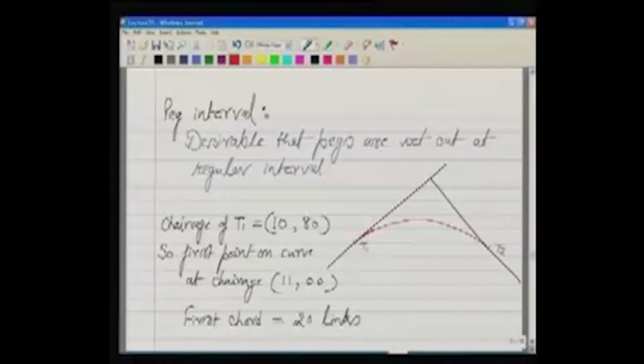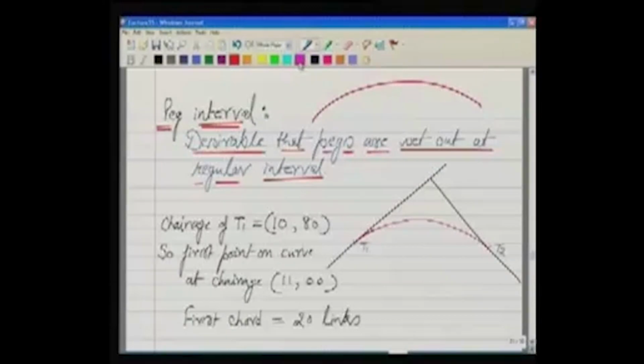Now before we set out, one more important thing, and that is called peg interval. It is desirable that our pegs are set out at regular intervals. What is the meaning of this? If we have a curve and want to set it out, we will definitely be setting it out at some discrete points.